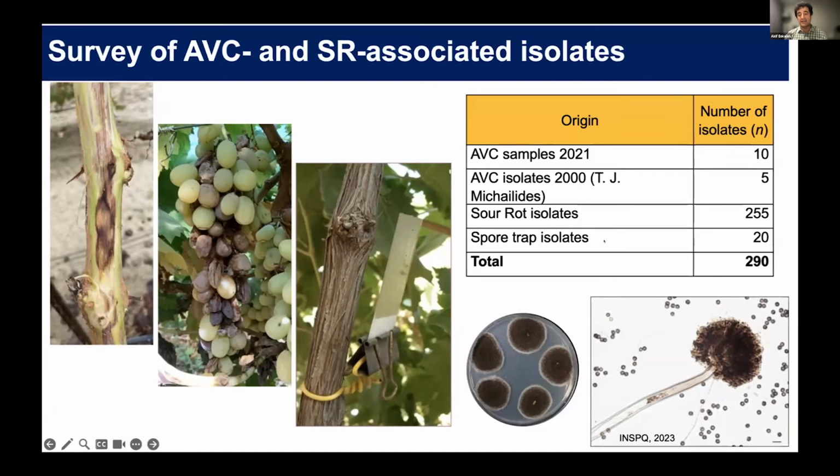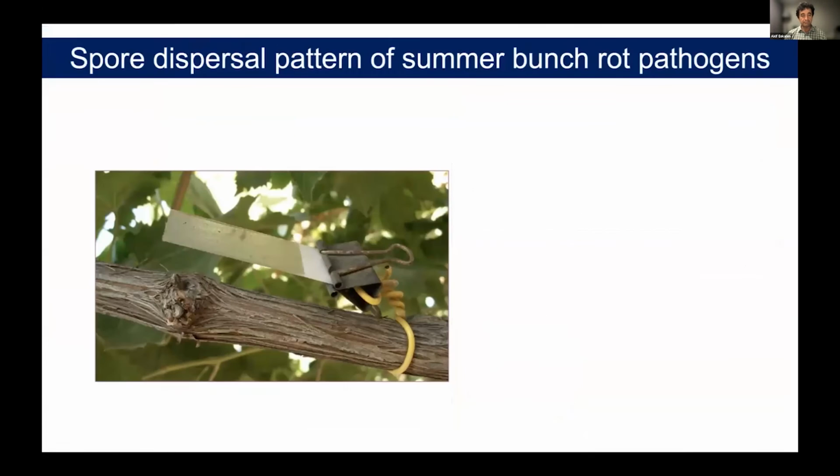We think that because this Aspergillus group of pathogens is more adaptable to warmer temperatures and likes hot weather, because of climate change we have been having more warm and hot days. We think that these are becoming more prevalent in these other grape growing areas.